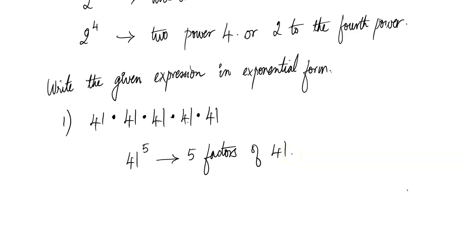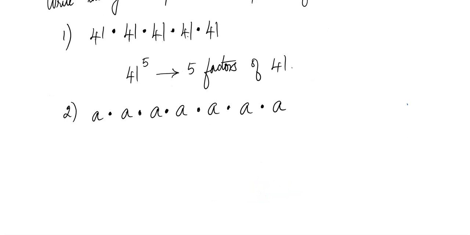Now let's say a times a times a. Okay, I didn't give you a number this time, but I gave you a letter. Is that still possible to write it for a letter? Now look at this.